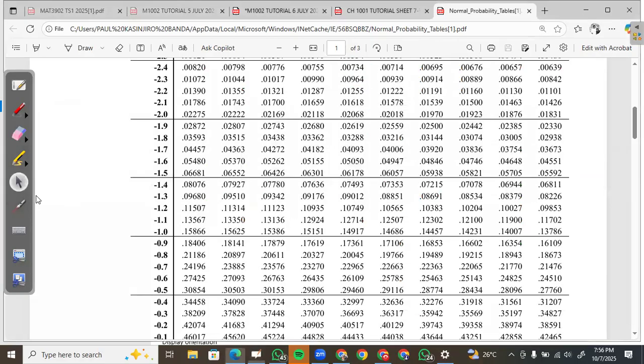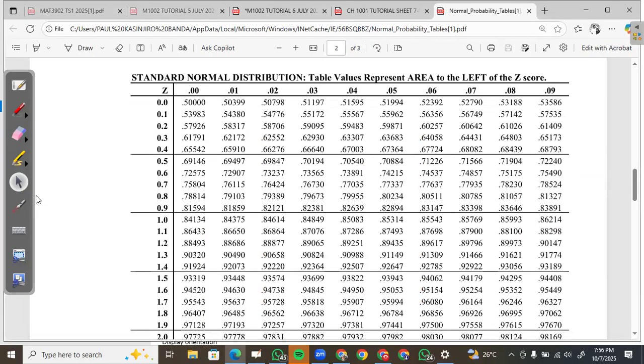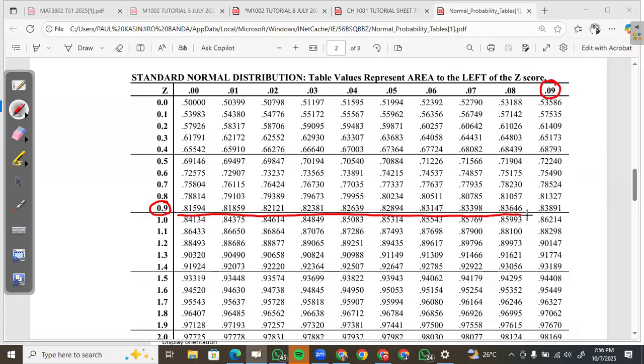I go to the positive table down here. So 0.9, I'm there, and then 0.09, I'm there. From here, I go to the right side, and then from there, I come down.